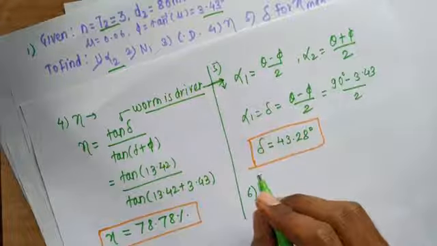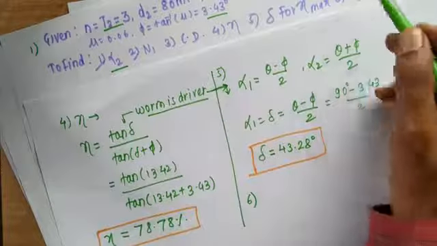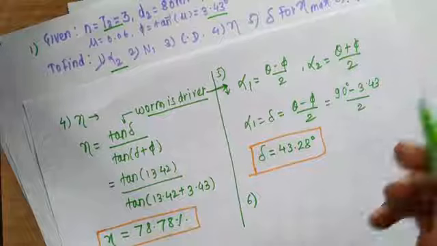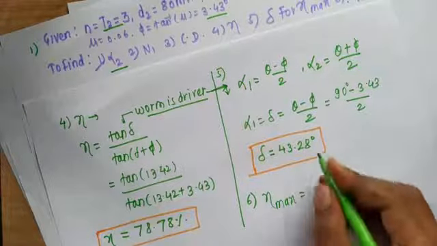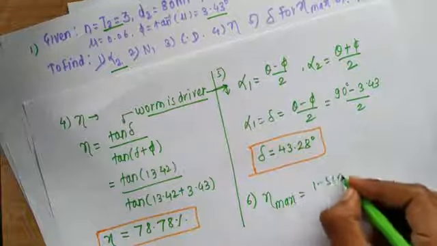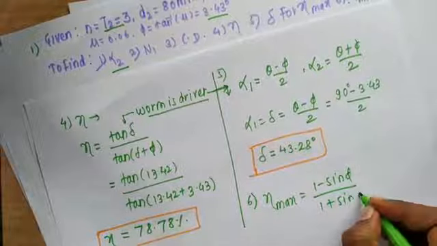Next and the last, we need to find maximum efficiency. So efficiency maximum I have to find out, and for this we know the formula. It is 1 minus sin phi upon 1 plus sin phi.